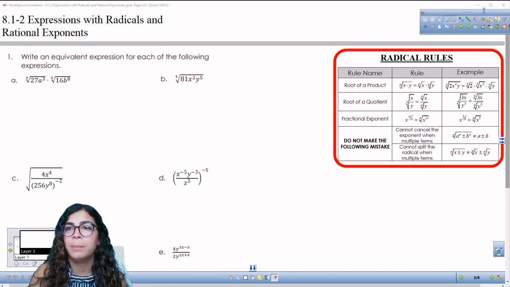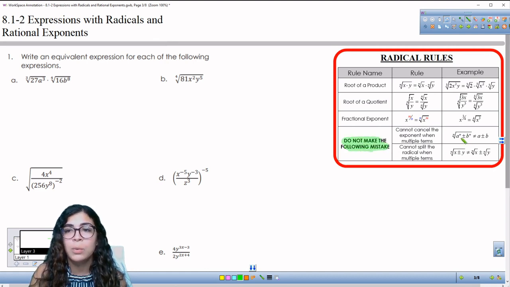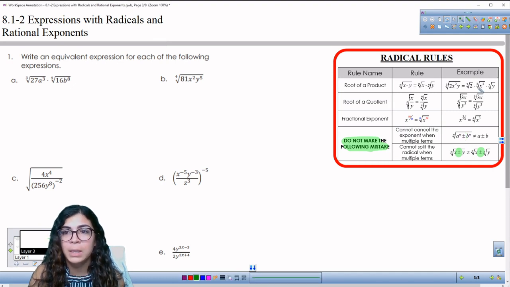Now, I wanted to point this out because I do not want you to make these mistakes, okay? You cannot do the same thing with addition and subtraction. You cannot split up the roots when you're adding or subtracting. All right. And another common mistake that is made is thinking that the power will cancel with the root when adding or subtracting.